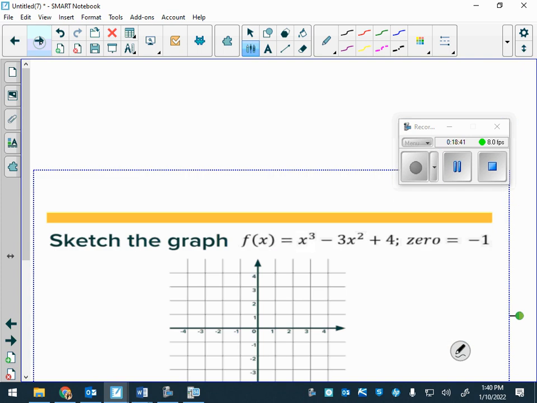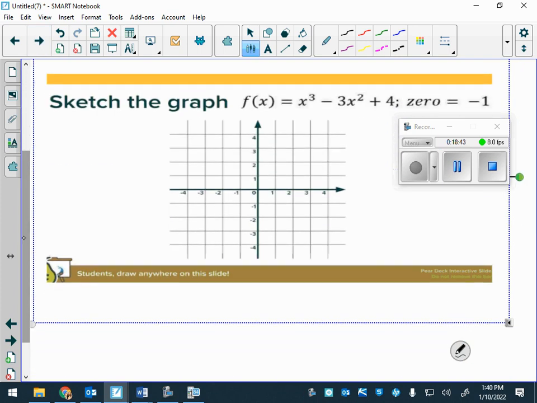Then it says sketch a graph. Well, you know 3 points already. You know -1, you know your y-intercept of 4, and 2, and the end behavior. What's happening at -1? Are we touching or crossing? Come on, you guys, everybody. Cross.